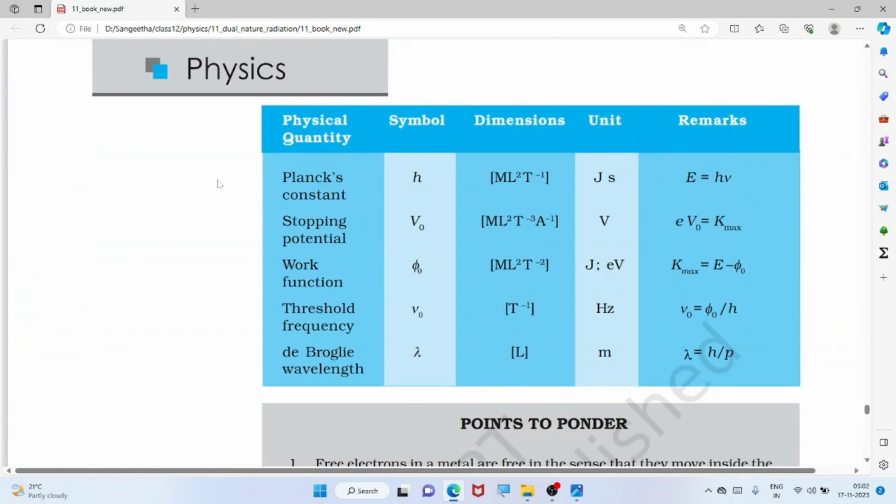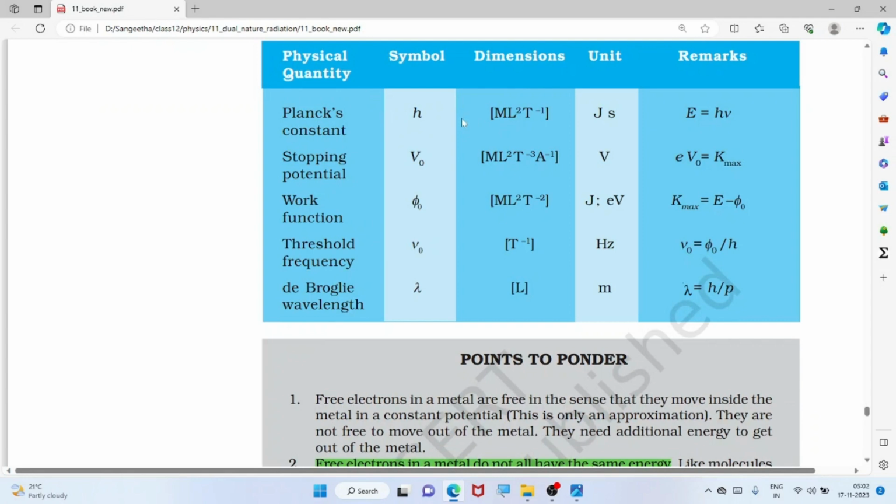These are Planck's constant and dimensions, E equal to hv. So this is how the stopping potential is related to the kinetic energy. Kinetic energy is related to the incident energy and work function. This is the threshold frequency, how it is related to Planck's constant. This is the wavelength and momentum relation.